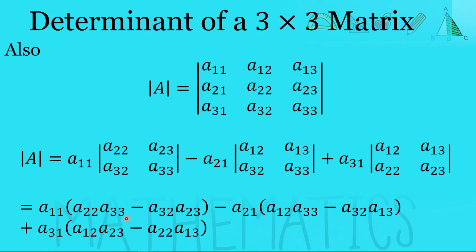That gives us this particular form, which is more systematic. Notice that this right here is an element, and this right here is a cofactor of the element. Similarly, A21 is an element, and then minus this quantity is what we call a cofactor, and the same thing here.